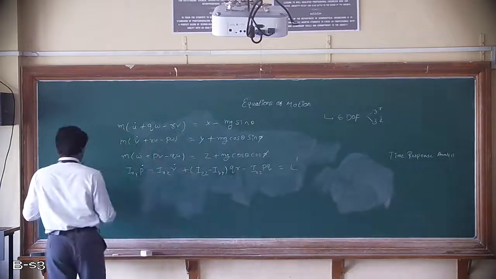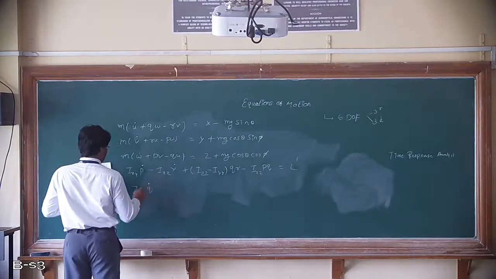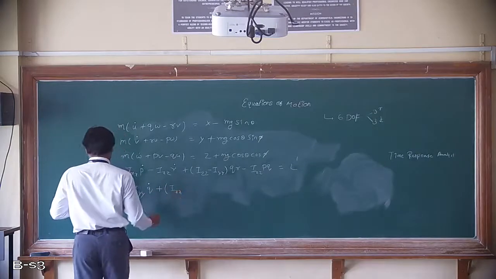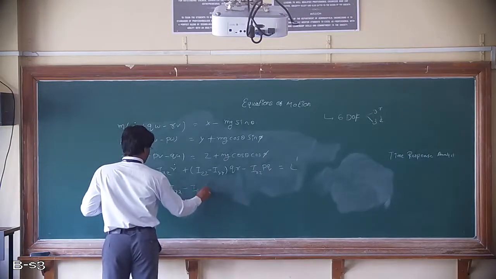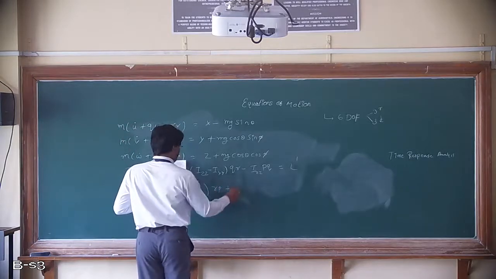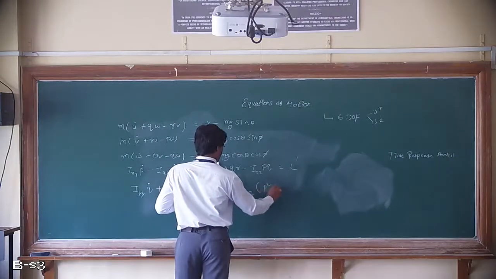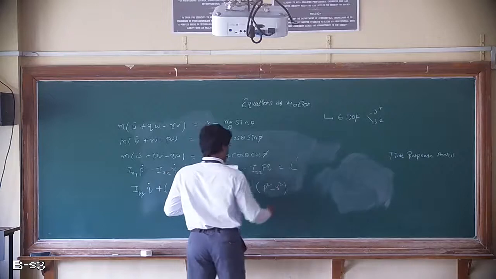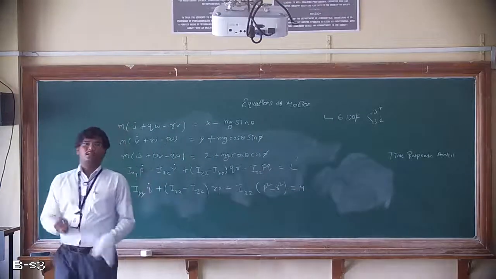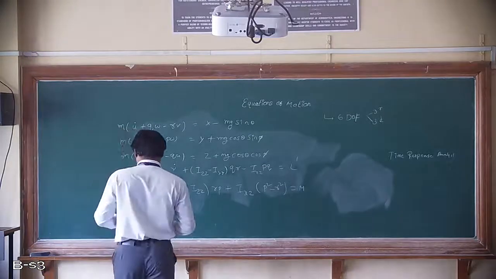Next, Iyy Q dot plus Ixx minus Izz Rp plus ... is equal to M. This M refers to the total external moments, especially the total pitching moment acting on the aircraft.